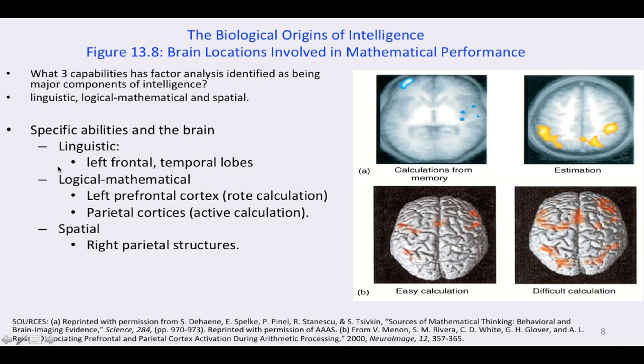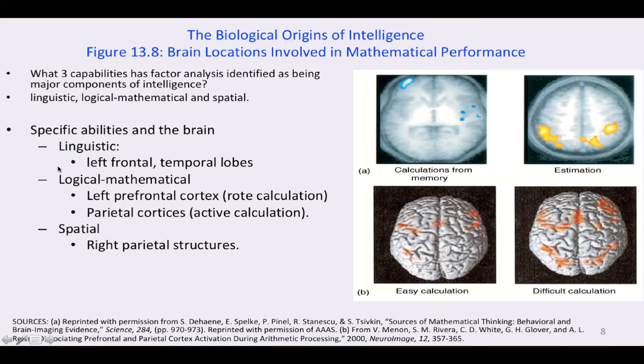Linguistic capabilities tend to involve, first off, the left hemisphere of the brain more. This is true for the great majority of individuals who are right-handed. It is still true, but not quite as strongly, in individuals who are either ambidextrous or left-handed.